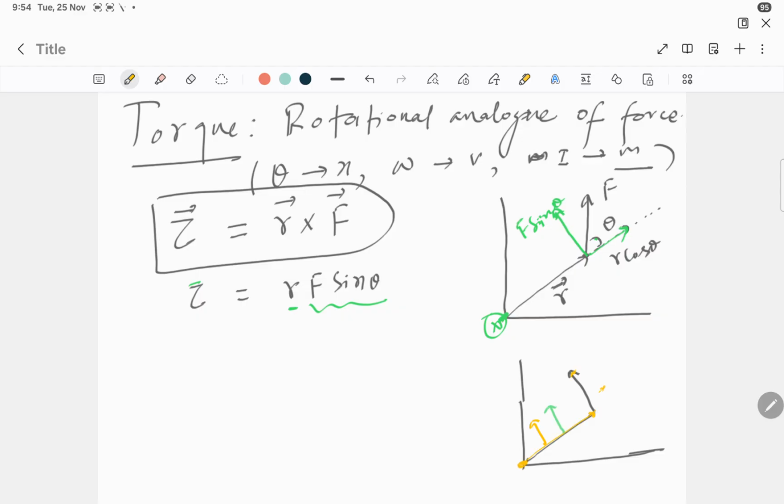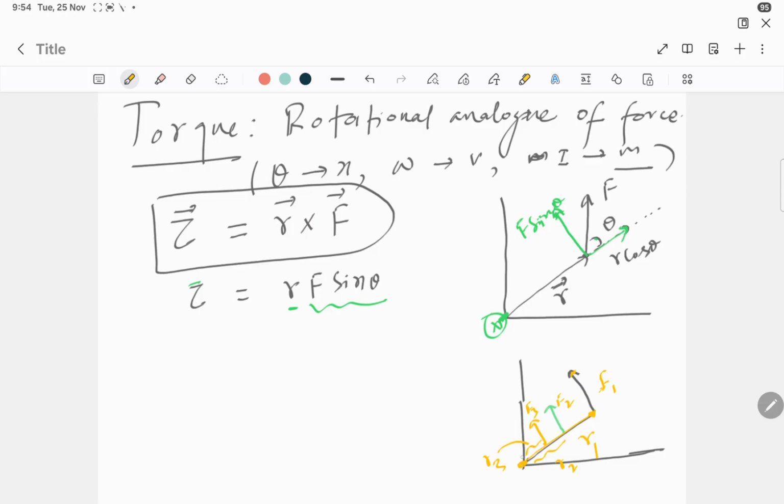Let me call this R1, this is F1, this is F2, and this is F3, and let me call this R2 and this R3. We can see that F1, which is located at the farthest point from the axis of rotation, will have more effect of rotation as compared to the other forces closer to the axis of rotation.